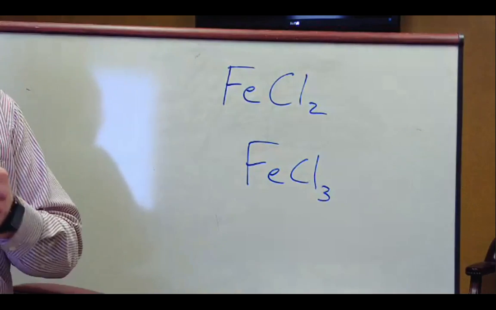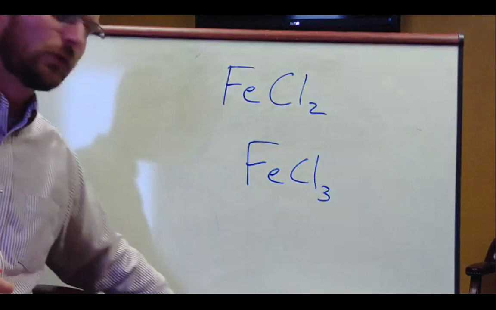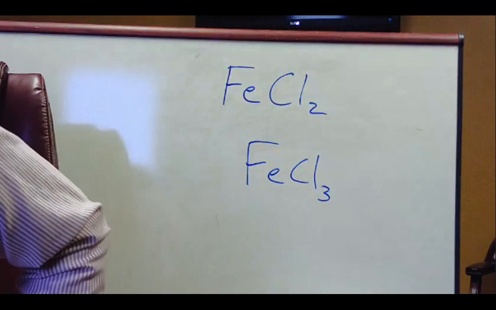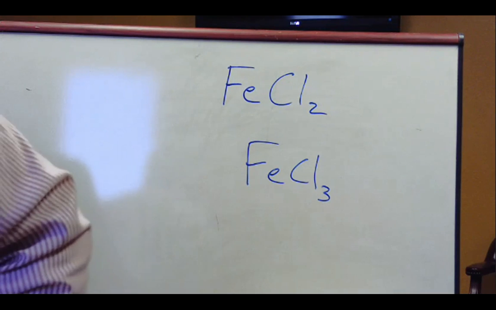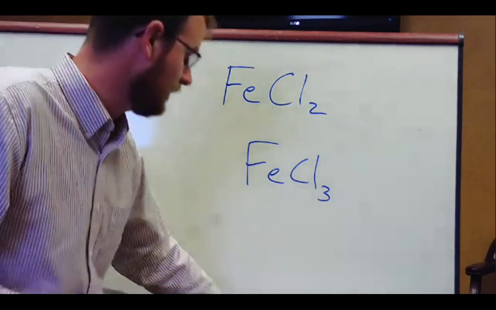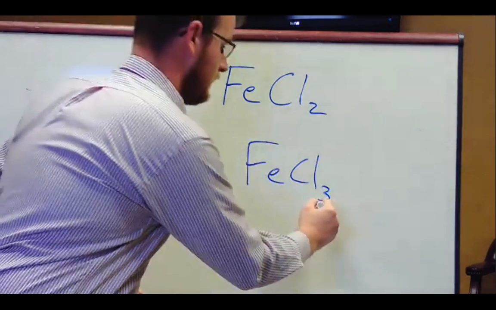We have iron chloride. Both of these are iron chloride. So how in the world are we going to know if one is iron 2 chloride and the other is iron 3 chloride? Well, the number that we need to look at is this one right here.